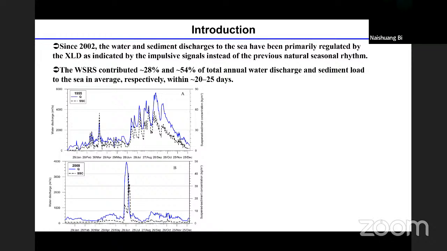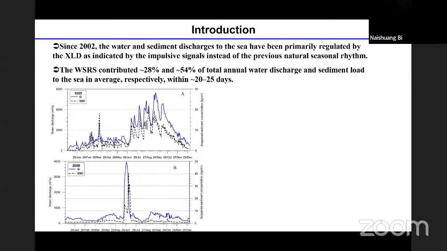You will see clearly the high water discharge in the blue line in flood season from July to October, corresponding to high precipitation in the middle reaches, and also high sediment yield from the Loess region.